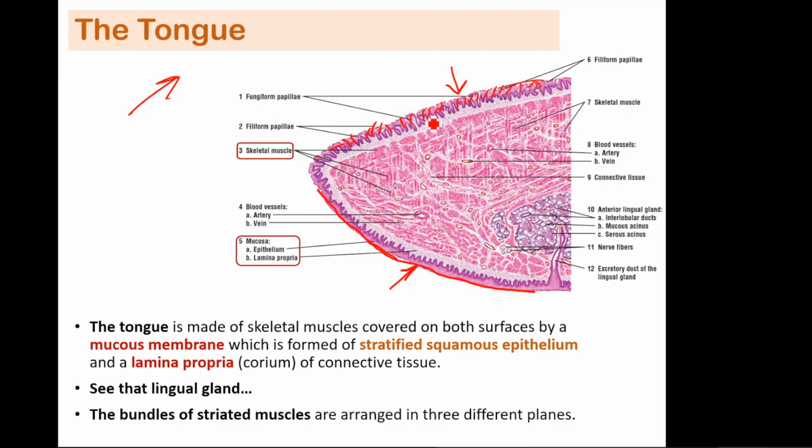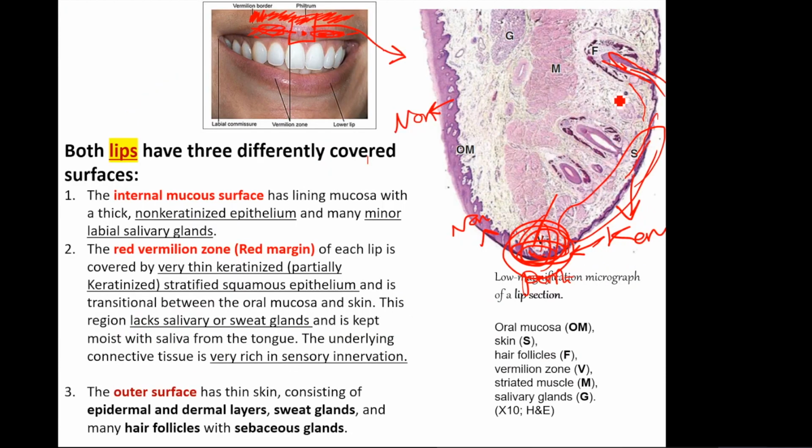Of course, it's keratinized mainly. Well, look, guys, here in the tongue, you have lingual glands inside it. And of course, if you look at the lips, you will also find labial glands here.